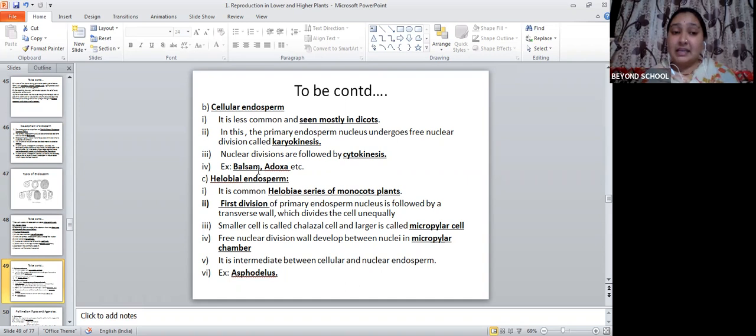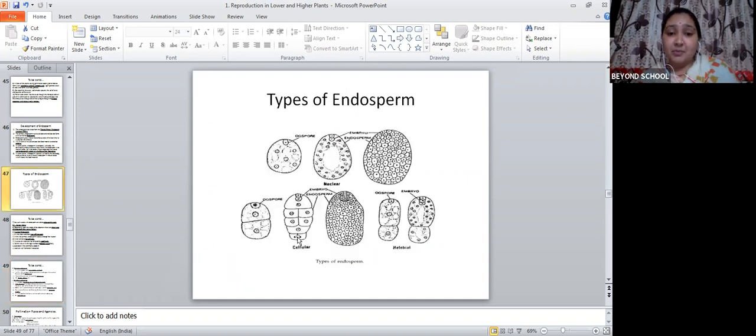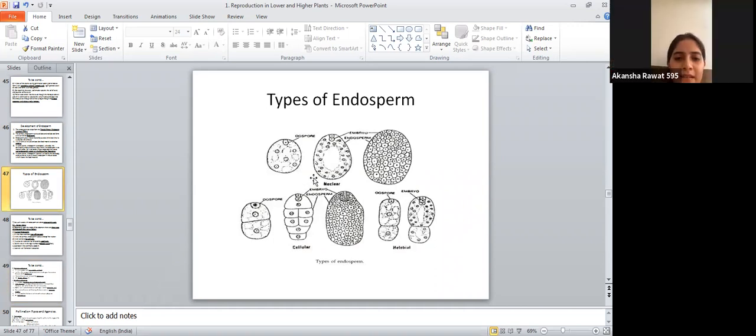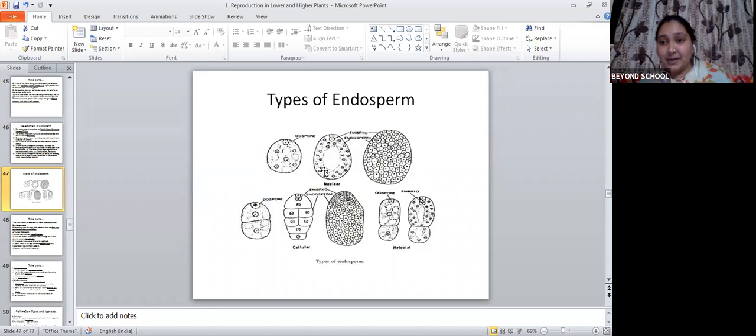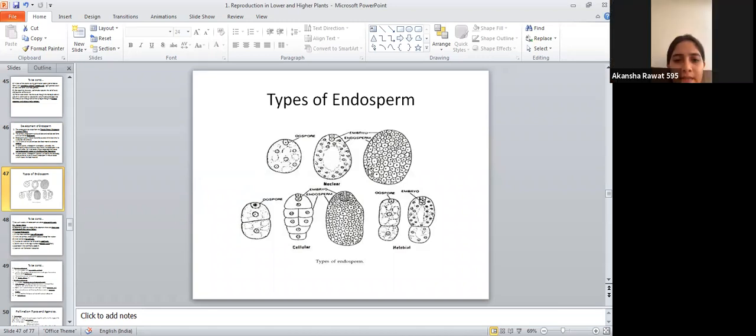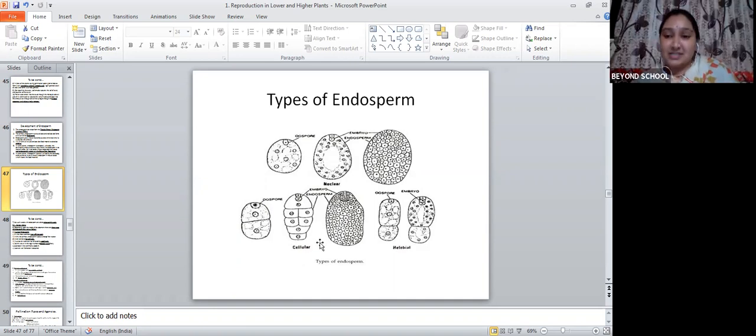Now you will be thinking, ma'am, over here again there is the same process. How has it been carried out in nuclear? I said that the whole cell consists of a nucleus, but in cellular, triploid cells are formed.